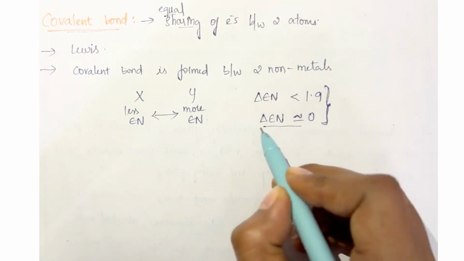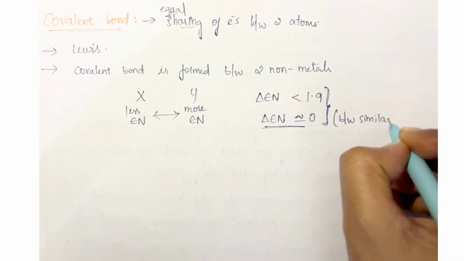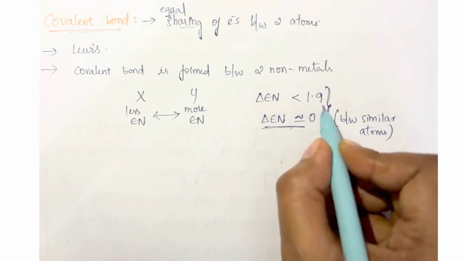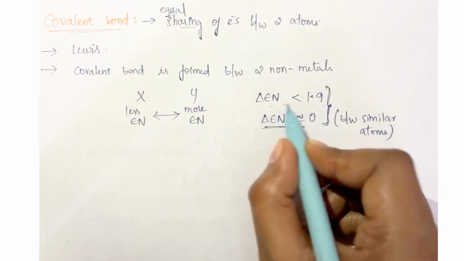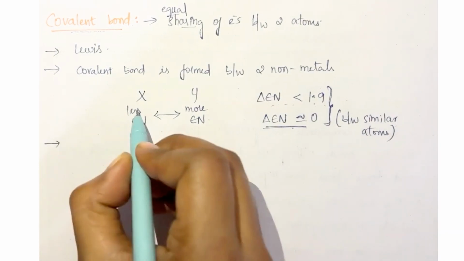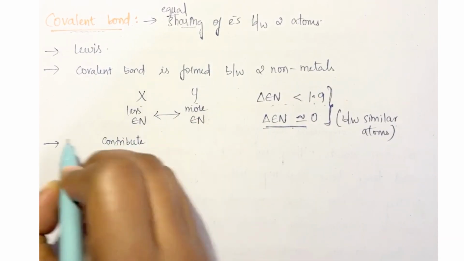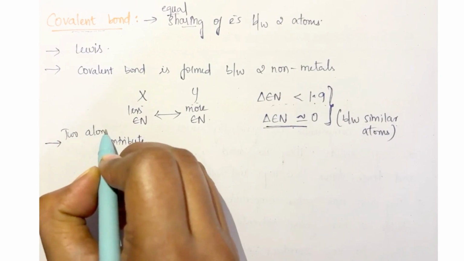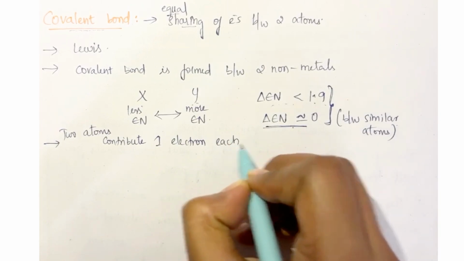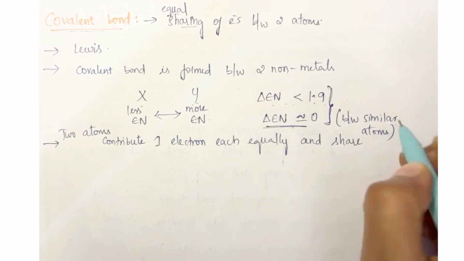So when can we expect the difference to be almost equal between the same or similar atoms? Between similar atoms, the electronegativity difference is almost 0. Between two nonmetals which have very less difference of electronegativity, also you can expect the covalent bond formation, where both the atoms contribute 1 electron each equally and share those 2 electrons among themselves.